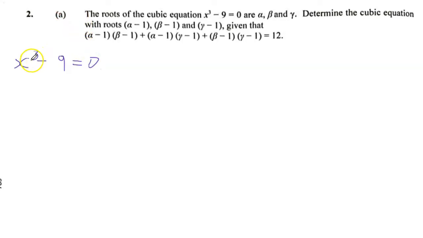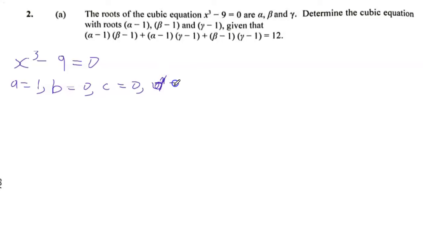Notice here, in terms of the coefficients, the x cubed coefficient, we call that a, so a is 1. There's no x squared, so the x squared coefficient is 0, which is b. There's no x, so the coefficient we call c is also 0, and the constant d, we refer to it as negative 9.